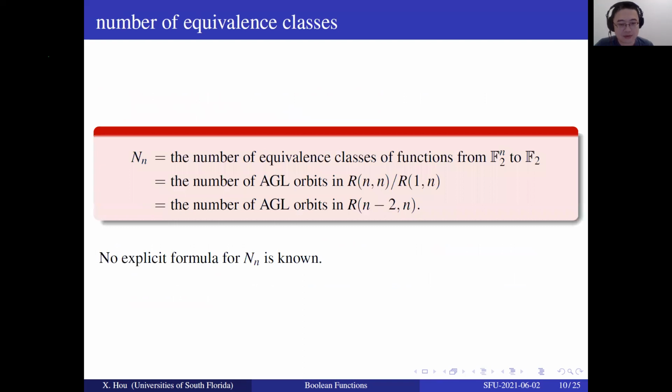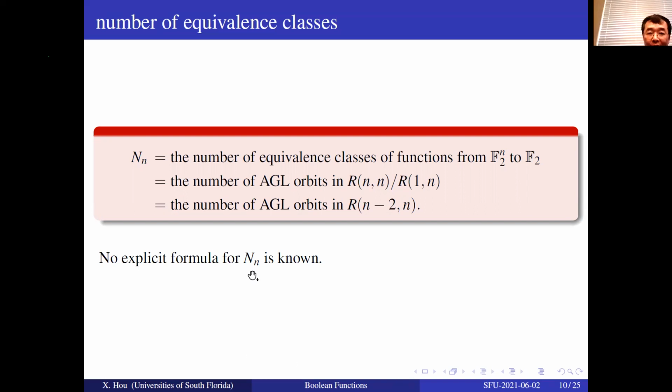So now we're talking about the number of equivalence classes of functions from F2 to the n to F2. I will simply use a capital N sub n to denote this number.